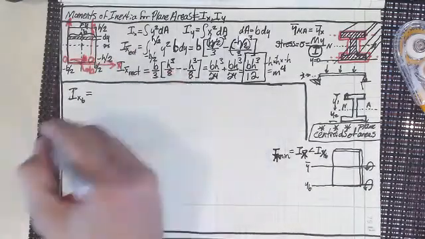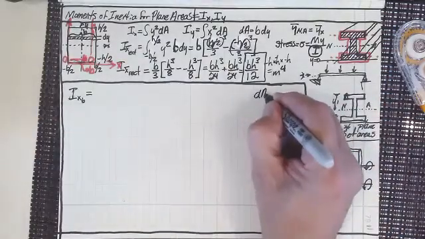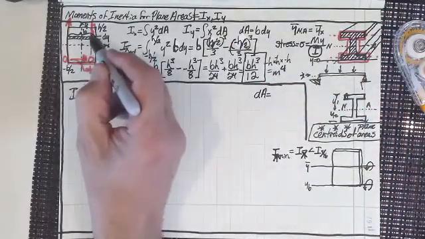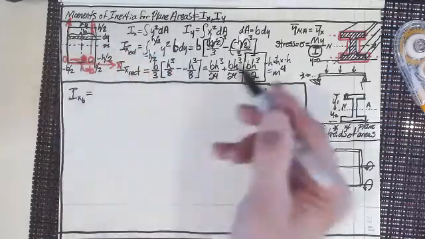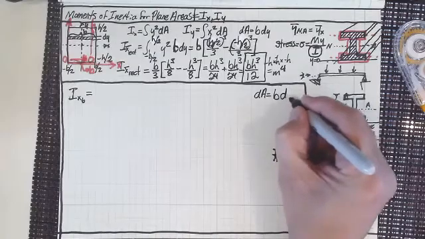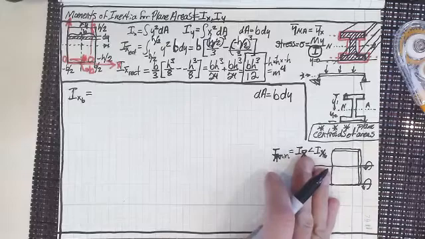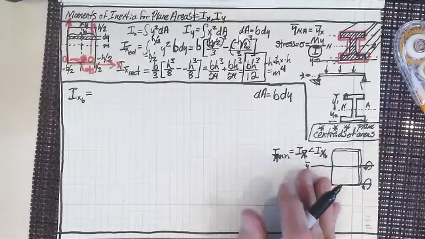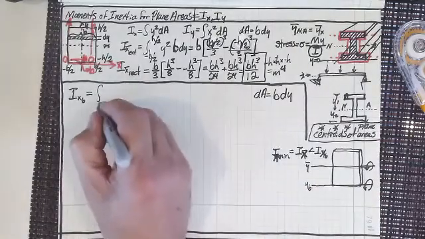So now, what is dA? I'm going to put dA over here. We're going to use it in just a second, but really it doesn't change, does it? dA is still going to be dy, and it's still going to be b times dy. So dA stays the same. And now I've got I of x about the base with different extents.